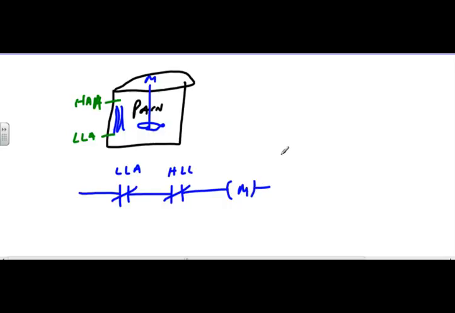Okay, and then I'm going to say, well, what is that? Well, if I call this guy A and I call this guy B, then if I go A knotted, B knotted, together gives me M. So this guy's on, so I'm at 1 here, I'm at 1 there, I'm at 0 here, I'm at 0 there, the motor's off.